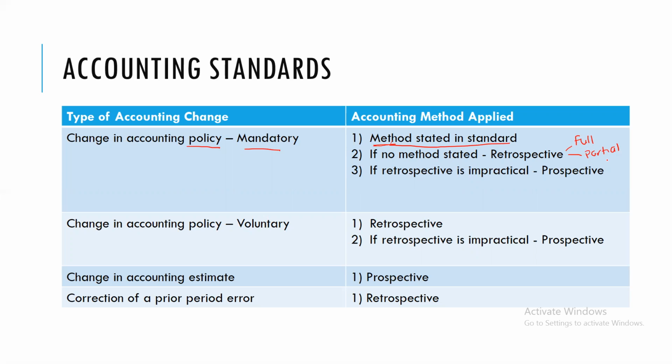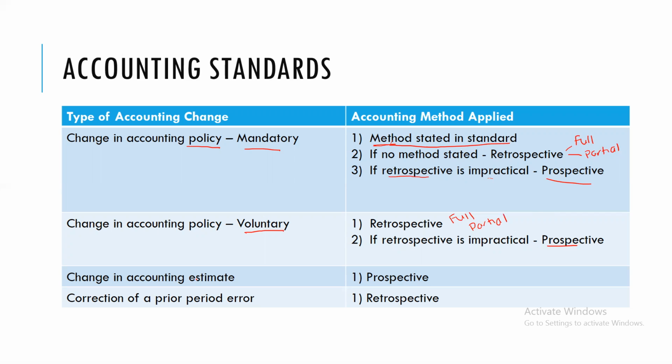If you can't do retrospective at all, not even partial, if you can't even go back 1 year because it's impractical or you just won't have accurate numbers, then you can do prospective, but only if you can't do full or partial retrospective. If there's a change in accounting policy that's voluntary, so the company's decided that they want to make the change, then you do retrospective full first. If that's not possible, then do retrospective partial. If that's not possible, then you do prospective.